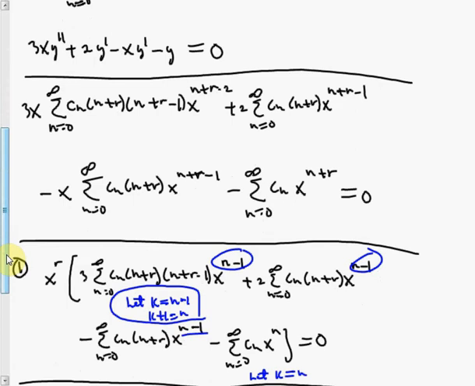So let's see. This negative x there, when I put that x inside of that summation, that should have been x to the n plus r, because that x to the first times x to the negative 1 would just give you x to the 0. I did not recognize that when I was working.